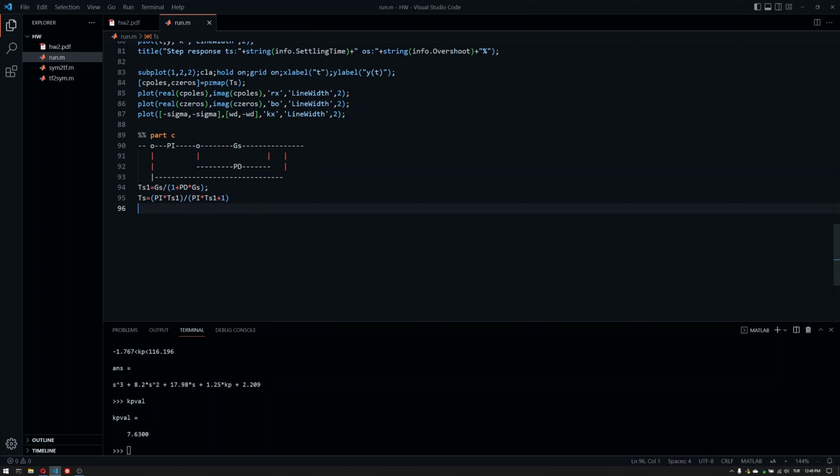So this is the reason why we call it rearranging, because what we're doing is we're kind of taking the PI times PD, so this PD part here, and instead of using it like this, we're just taking this part, placing it into the feedback loop here, so that we kind of get the same effect, but we don't get the zero of the PD part of our PID controller.